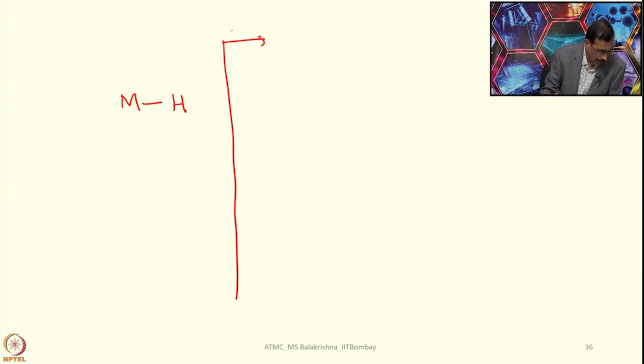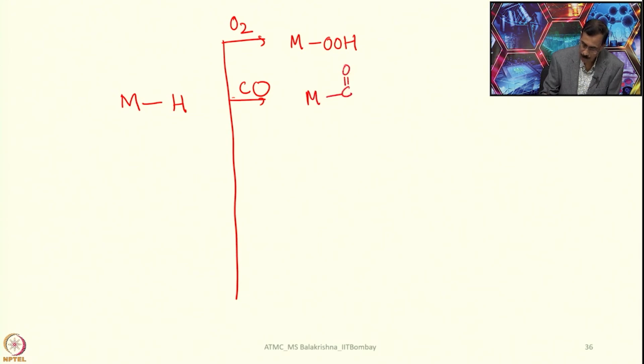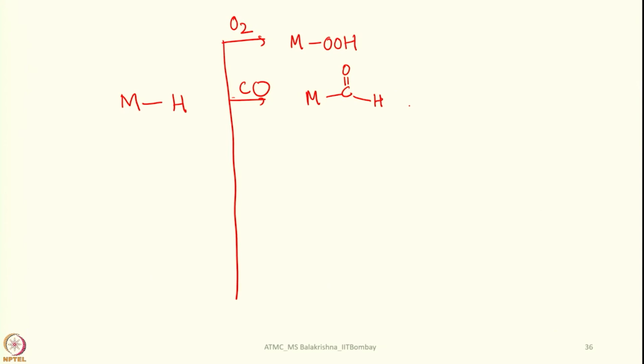So, what would happen if I add oxygen to it? If I add oxygen, oxygen can be inserted between H and M bond to form something like this, or if I take CO, CO can also get inserted something like this, and of course later with appropriate reagents one can take away this CHO group into the right kind of substrate if you use.